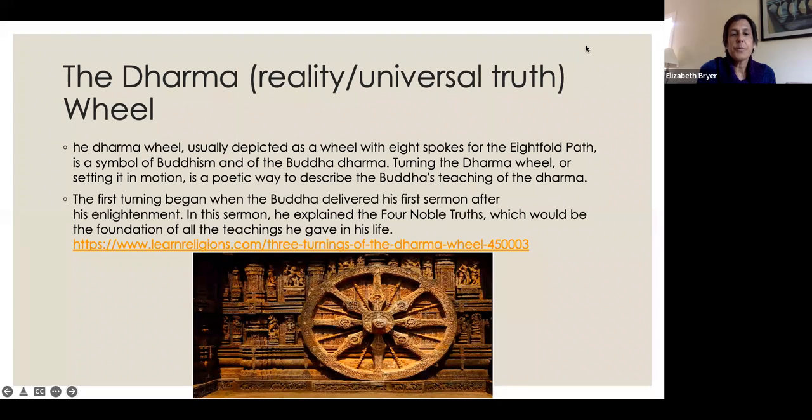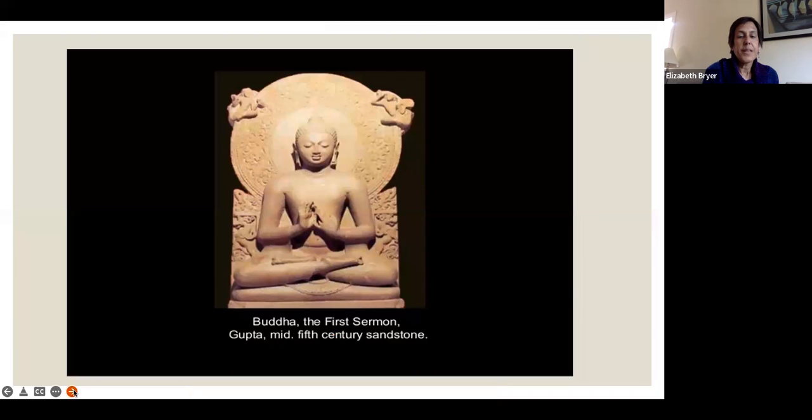Turning the Dharma wheel, or setting it in motion, is a poetic way to describe the Buddha's teaching of the Dharma. The first turning began when the Buddha delivered his first sermon after his enlightenment. In this sermon, he explained the Four Noble Truths, which would be the foundation of all the teachings he gave in his life. And here's a really beautiful, iconic Buddha, and I just love this one.